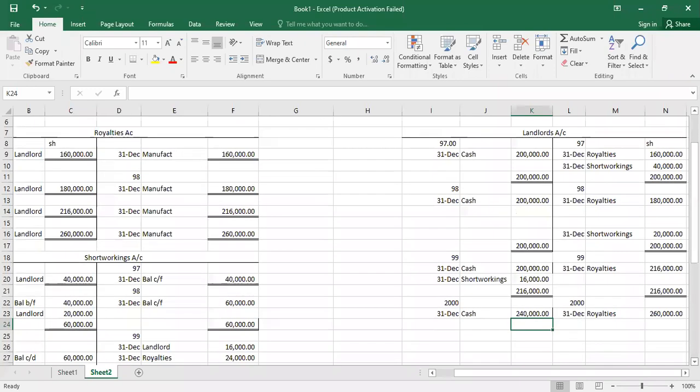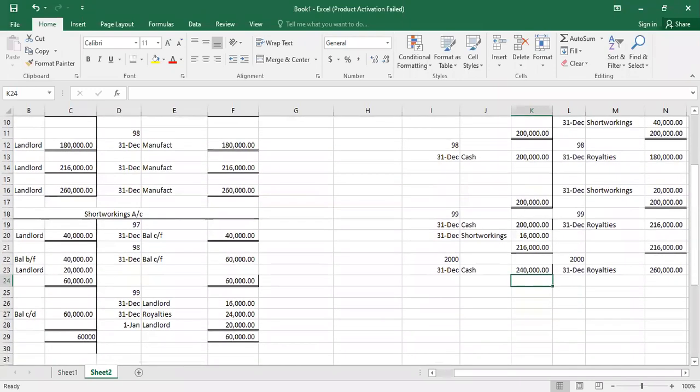The shortcomings for our past, the carried forward, this is supposed to be on. So we are supposed to debit the landlord's account with our short workings, which is 20,000.